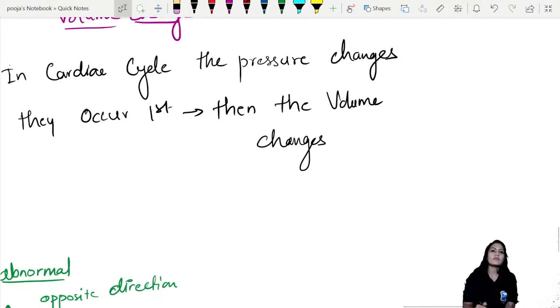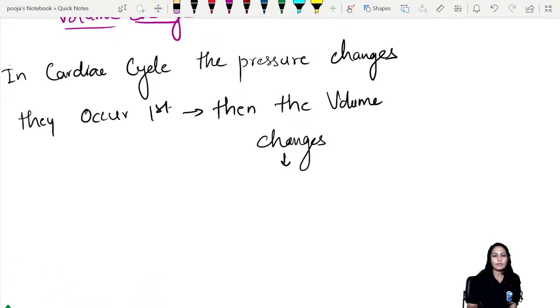Right, so what happens first? The pressure changes occur first, and then the volume changes. Now during the pressure change, what happens to the volume? That will be the same.